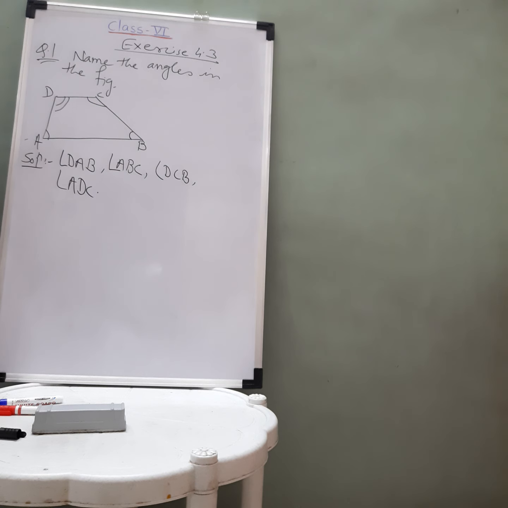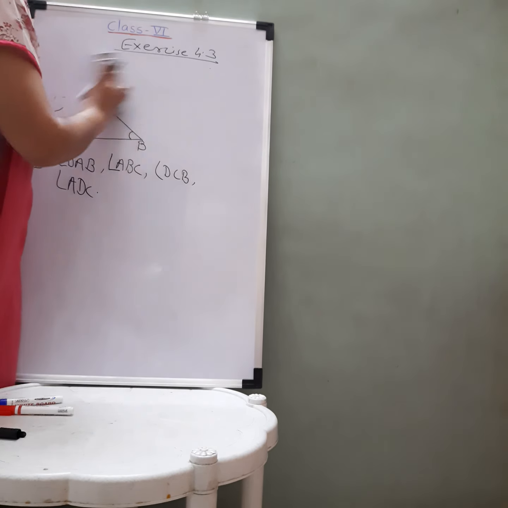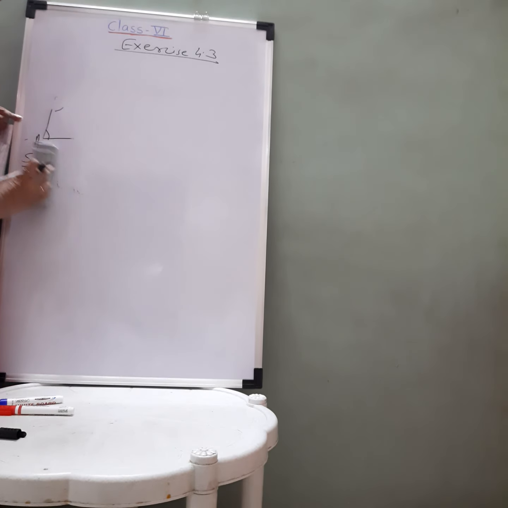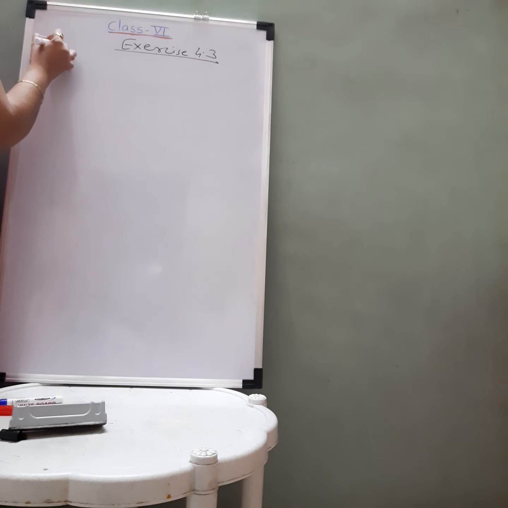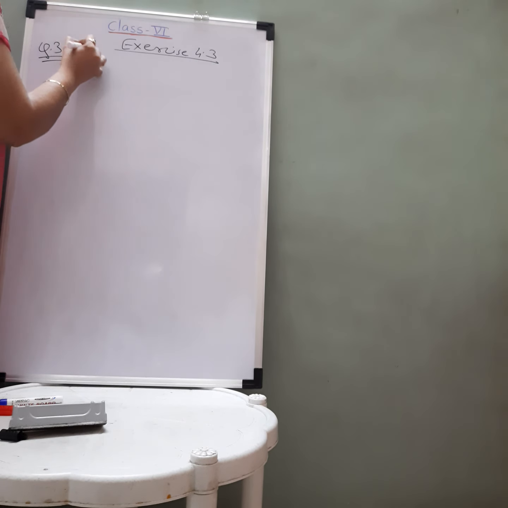Now question number 3. Draw the rough figures of two angles such that, part A, they have one common point.